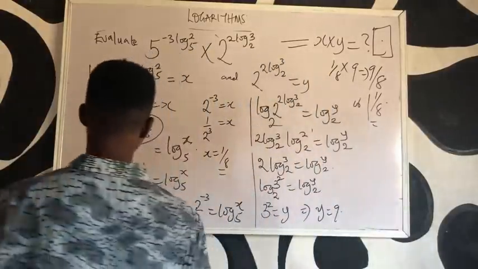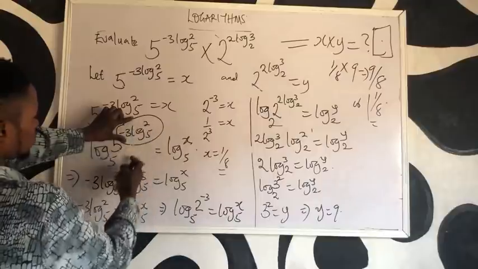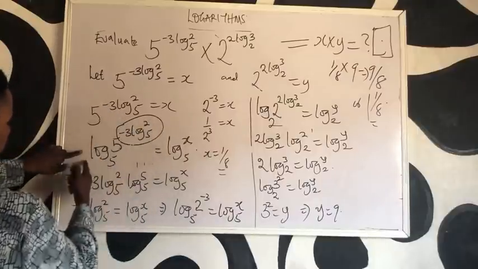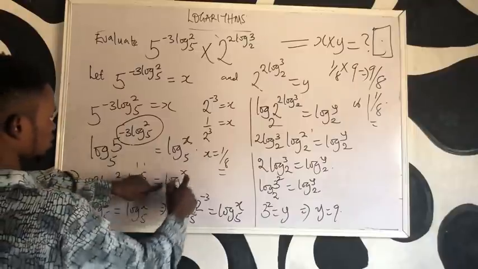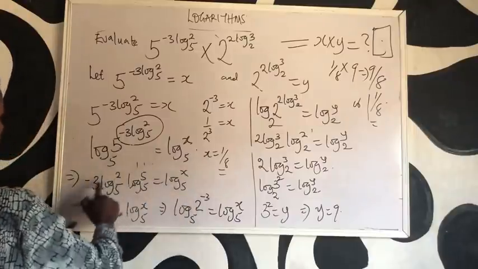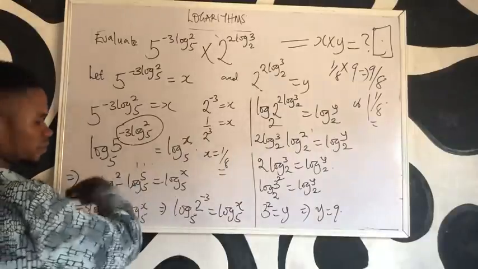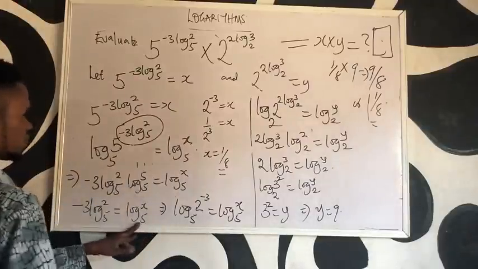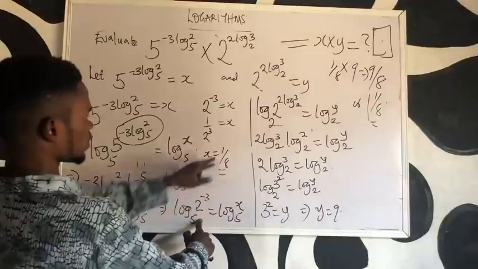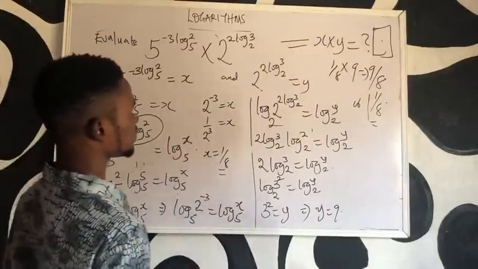Then from the logarithm of the number raised to a certain power, the power will multiply the logarithm itself. Log 5 base 5 is 1, out. Log s is 5. 2 raised by minus 3. Reverse the power law of logarithm, and log s is 5. So 2 raised by minus 3 is what? 1 over 8. And we have log x is 5.